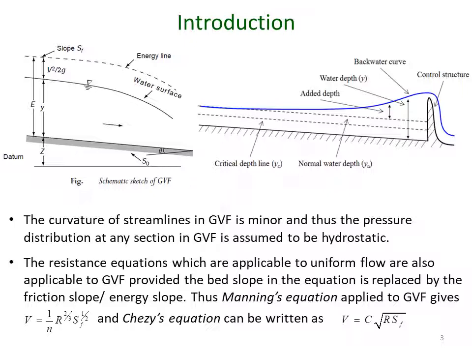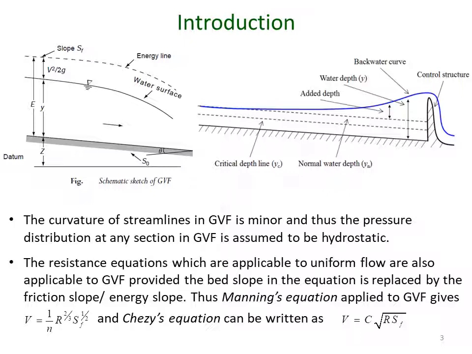Assumption number 2 is that the resistance equations, like Manning's equation or Chezy's equation, which we have studied in the context of uniform flow in open channels, are also applicable for gradually varied flow, provided that we replace the channel bottom slope by the friction slope or the energy slope.